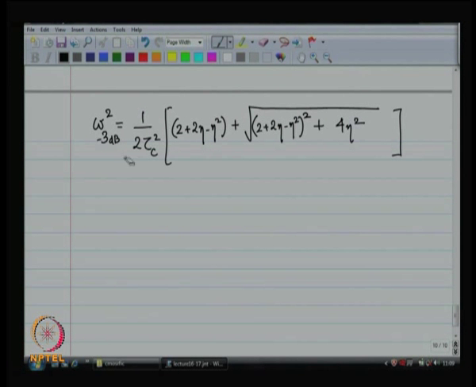So, the new bandwidth squared is a factor more than 1 by tau c squared. So, simplify a little bit more.